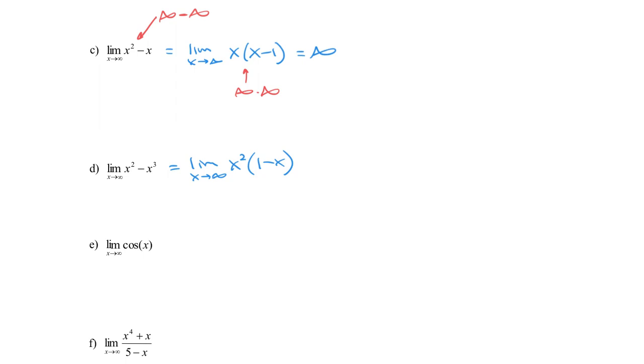So this form is really going to be infinity times negative infinity, right? You've got infinity, because we're squaring infinity, and then 1 minus infinity is negative infinity. Well, positive times negative is negative, so the answer to this is just negative infinity.